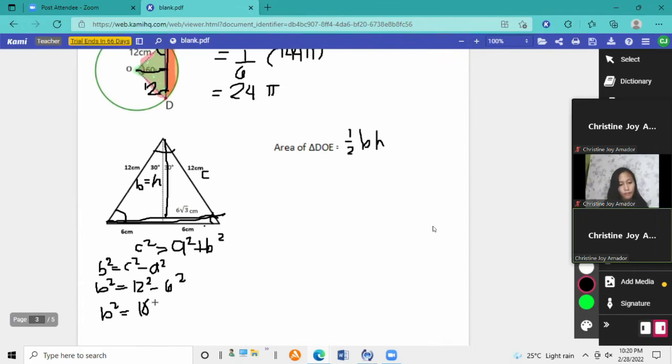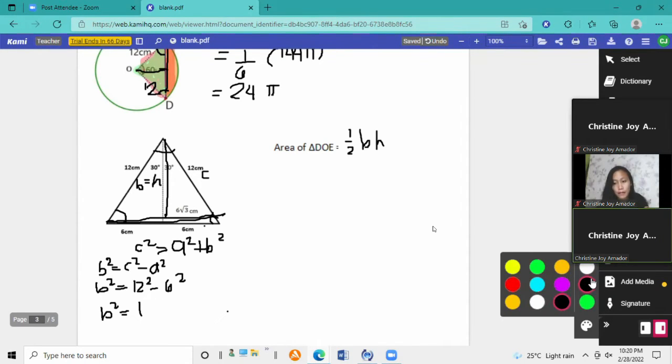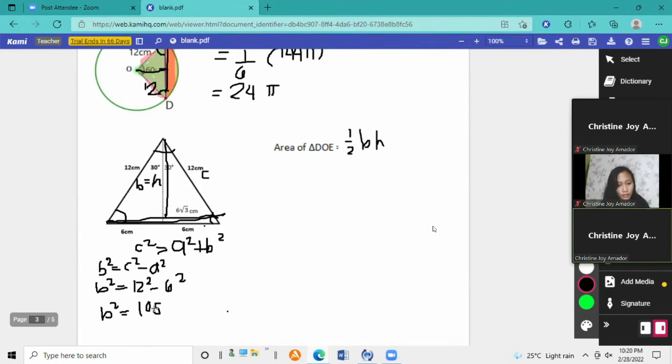108. 12 squared minus 6 squared is 108. And for us to find the value of B, we will get the square root on both sides.